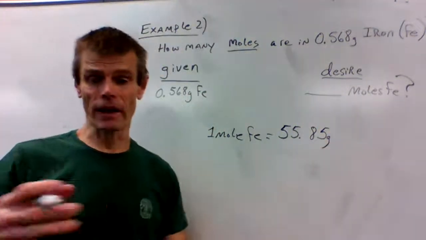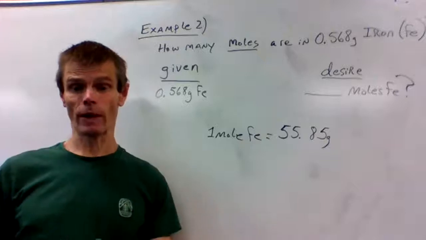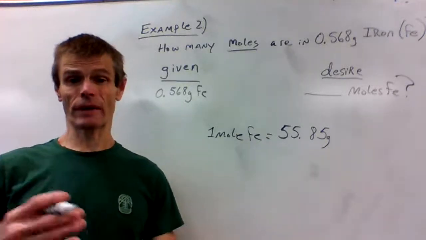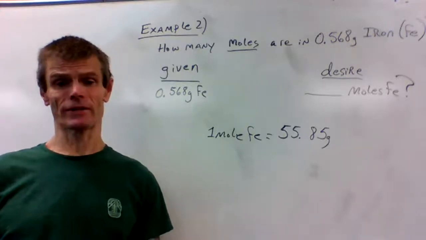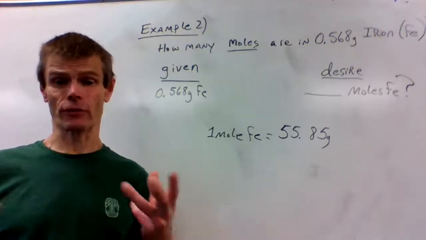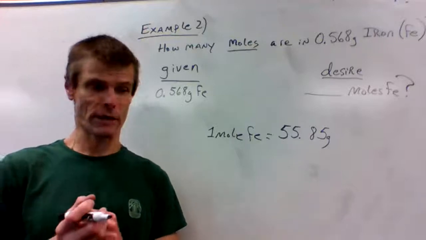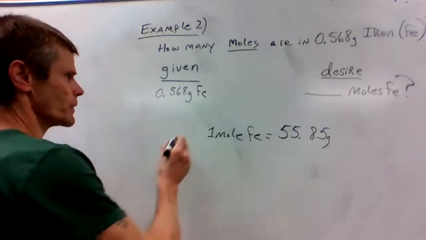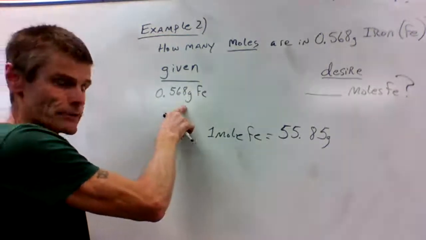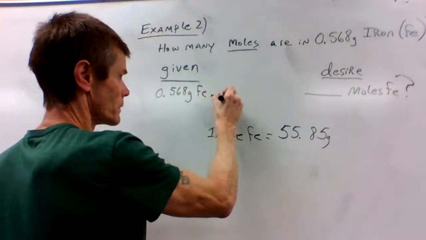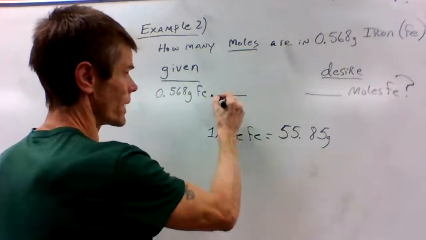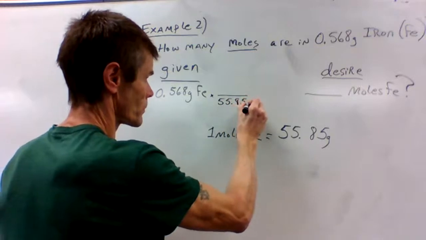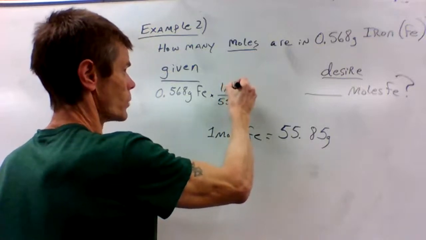Notice iron and lead, they have different masses for 1 mole, and that's simply because different atoms have different numbers of protons, different numbers of neutrons, and it gives us different masses for each of these in terms of the mole concept. Let's use this as our conversion factor. Now, this conversion factor is going to use grams in the denominator. And in this case, it's 55.85 grams for each mole of iron.